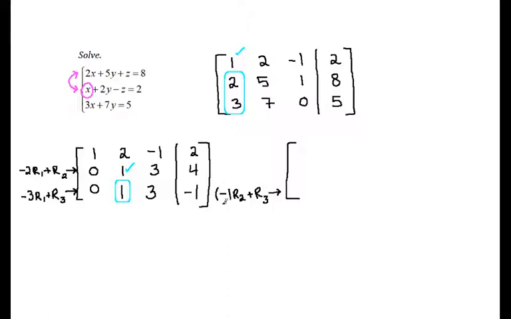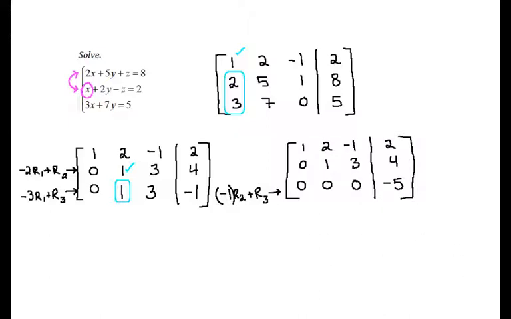And you really could multiply either row by -1 in order to do this. So basically I'm doing row 3 minus row 2. So 0 minus 0, 1 minus 1, 3 minus 3, and then -1 minus 4 gets me -5. Then I'll go ahead and fill in the other 2 rows.